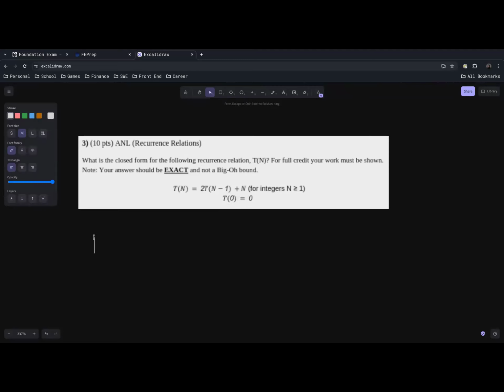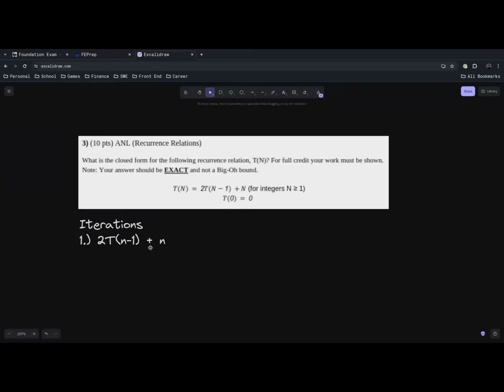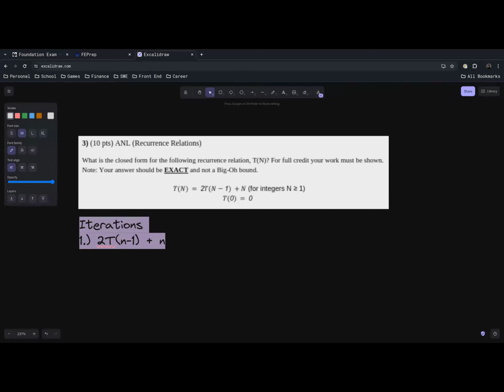Let's get into it. Iterations. We know that our first iteration is 2T(n-1) plus n. I'm sorry if I go a little quicker this time. Didn't we do this already? No, we didn't. The biggest difference is this plus n makes things a little weird. So again, we have the same type of idea.